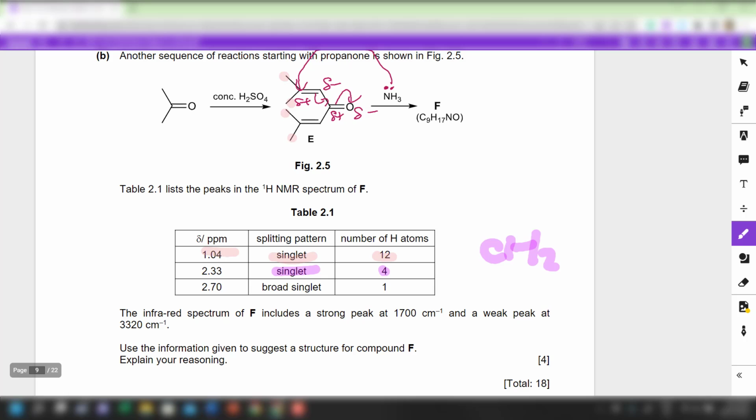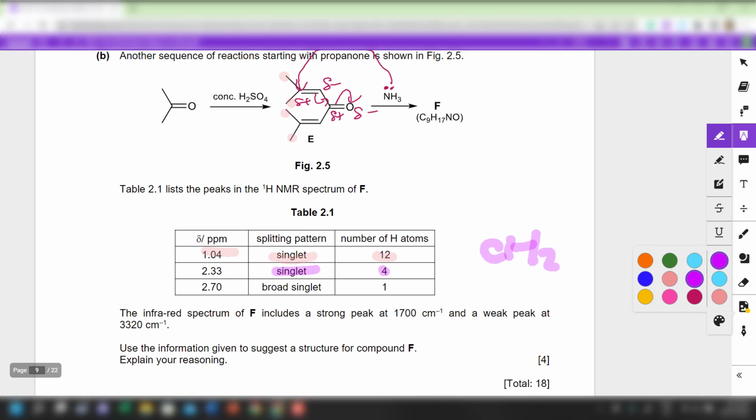Can you see the picture? I'm going to highlight these two carbons in purple. They are likely to become CH2, and that makes sense because if they are CH2, they are next to the carbonyl carbon, and that explains why the chemical shift is quite high, like 2.33. So right now everything makes sense.